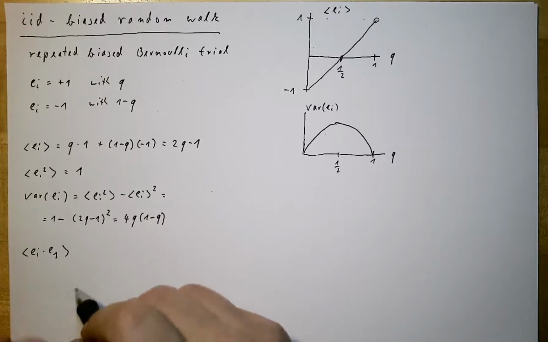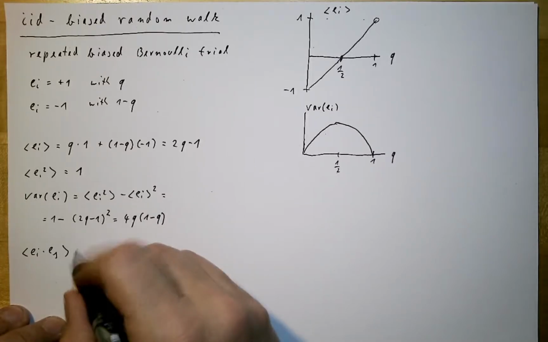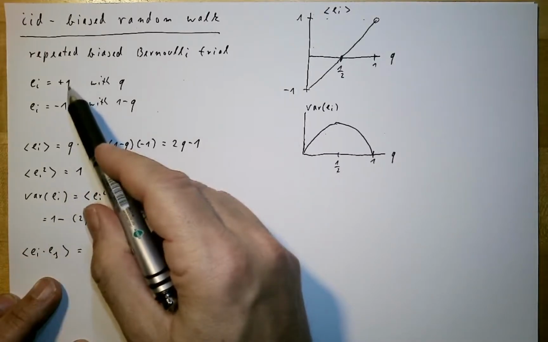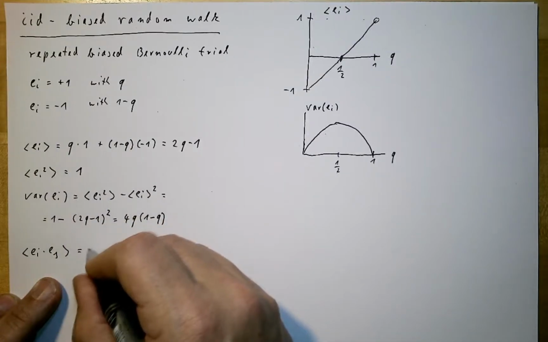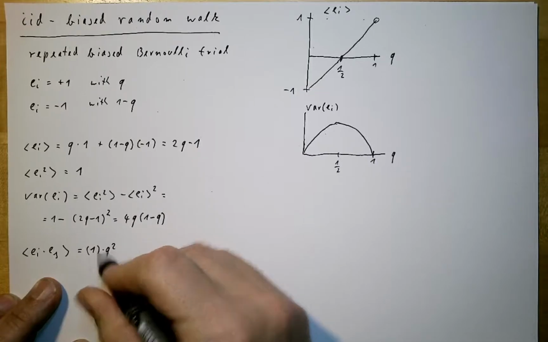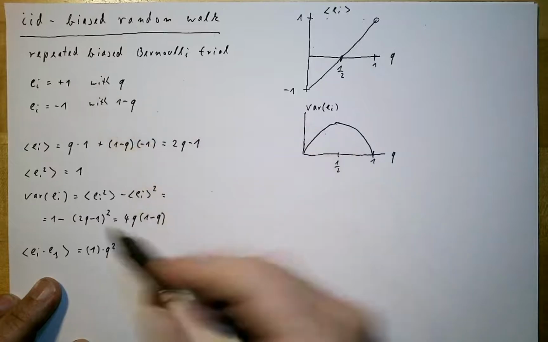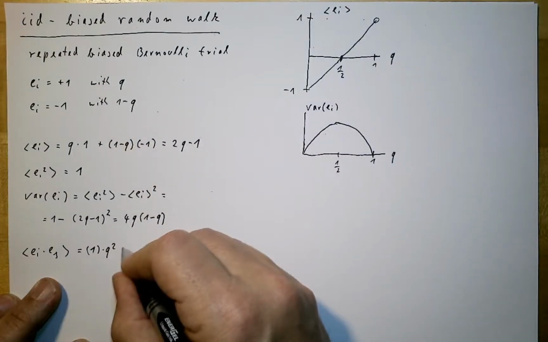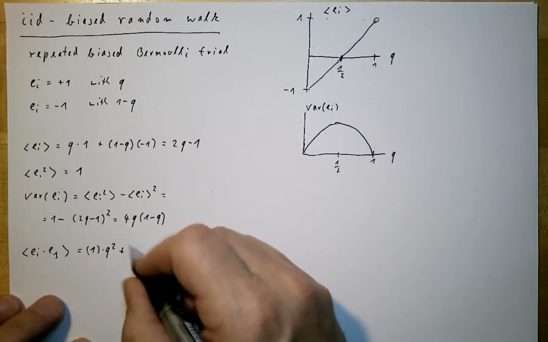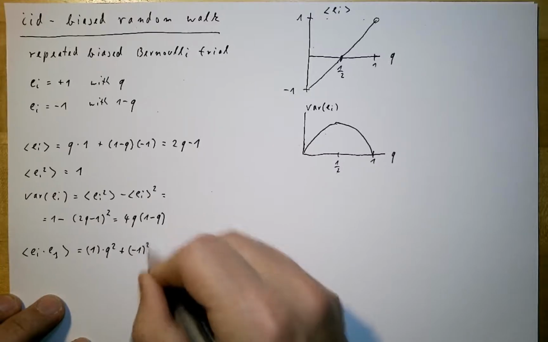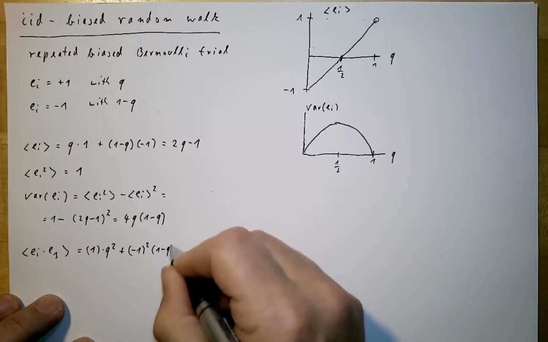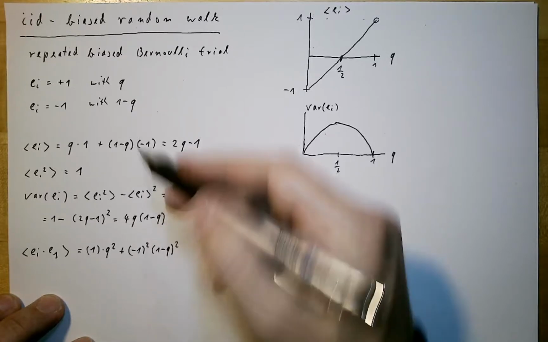Now you see there are several combinations. We can either have both increments equal to +1, so this gives 1 with the probability q squared, because both increments are +1. We also have the option that both are negative, and we have (-1) squared with probability (1 minus q) squared, because both are negative.